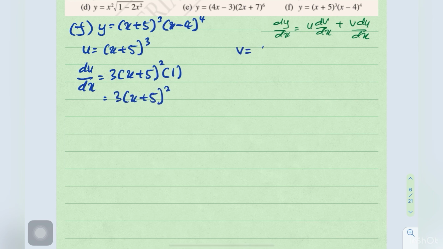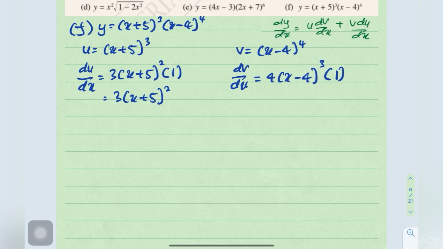Okay, so v is (x minus 4) to the power of 4, so dv/dx is 4(x minus 4) to the power of 3 times 1, equals 4(x minus 4) cubed.